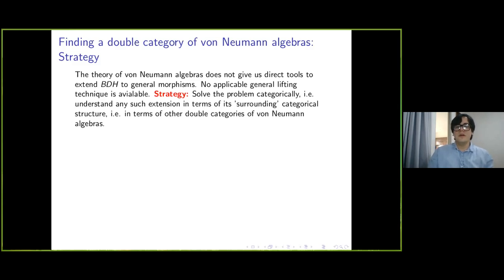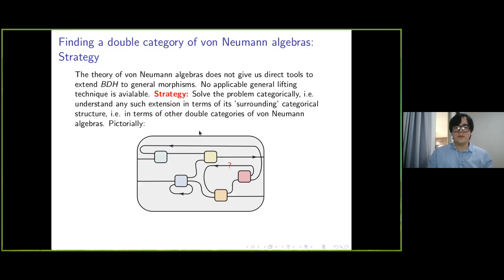techniques to do this. So let's just try to understand the structure that we want to define and know that it exists in terms of its surrounding categorical structure. That would be the category of double categories of von Neumann algebras, not necessarily extensions of this thing. Pictorially, this is a drawing from David Spivak and Brendan Fong's book.